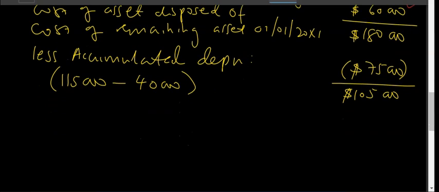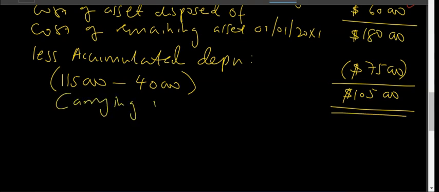This is the carrying value of the remaining assets at the start of the year.